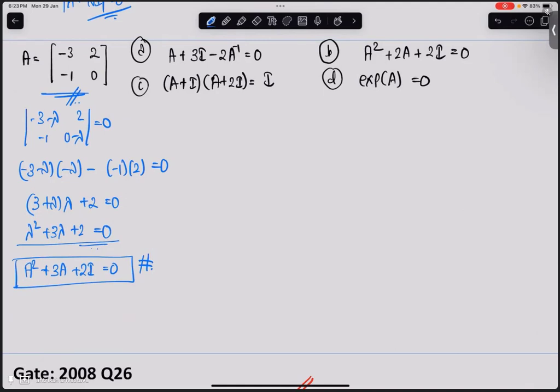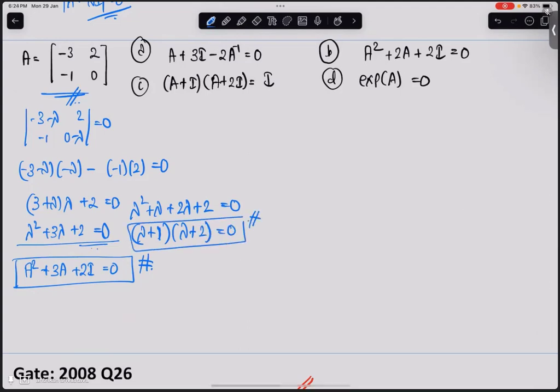So let's try to get the factors. What are the roots for lambda? So we can write lambda square plus lambda plus 2 lambda plus 2 is equal to 0. So (lambda plus 1) into (lambda plus 2) is equal to 0. We can write this quadratic equation in terms of these factors, right?